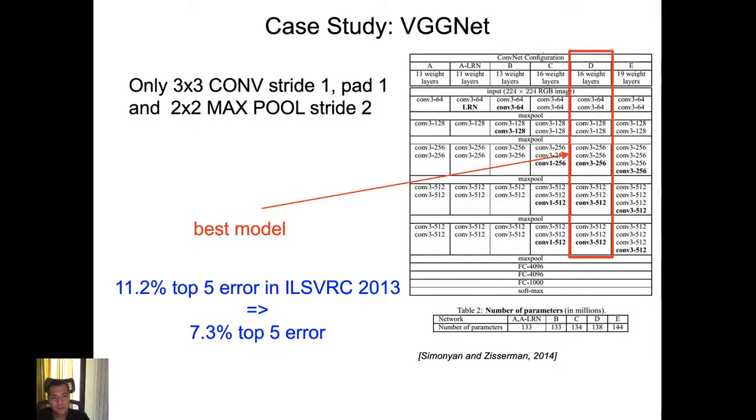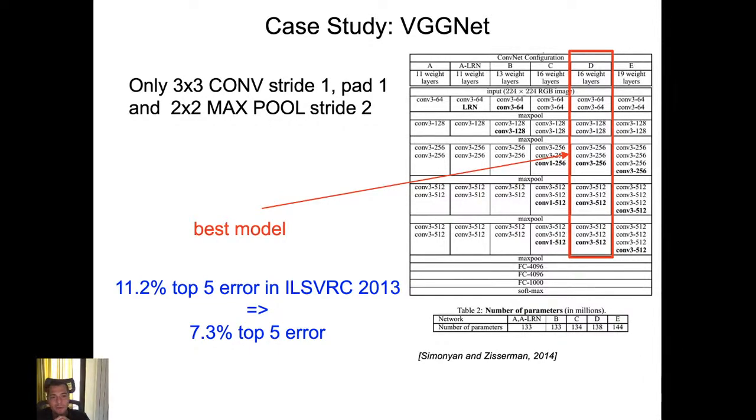And they tried to gradually increase the number of layers. So they used 11 layers, 13, 16, and 19. And they obtained better results with the 16-layer VGG network. They observed actually that the 19-layer VGG obtains slightly lower performance.